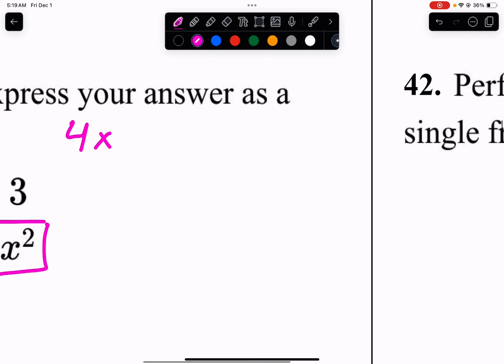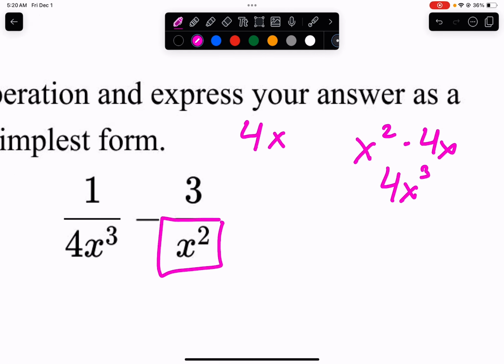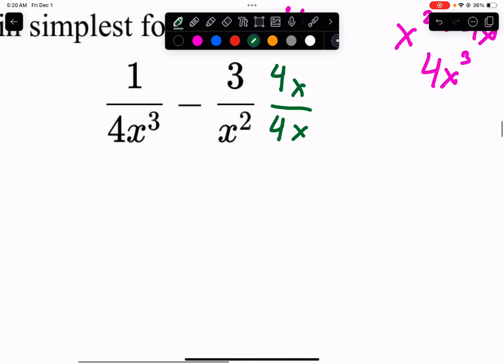If I do x squared times 4x, I'm going to get the denominator of my first fraction, which is 4x cubed. So that's what we're going to multiply the top and the bottom by. So 4x, my bad, 4x. And then 4x. So we end up with 12x all over 4x cubed.